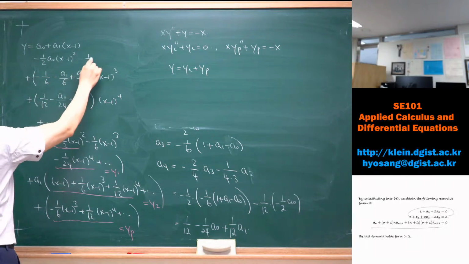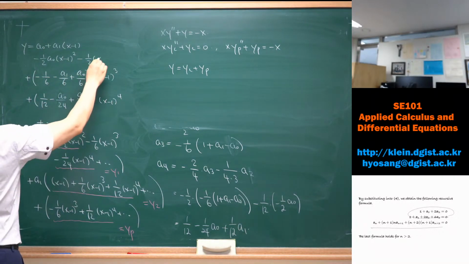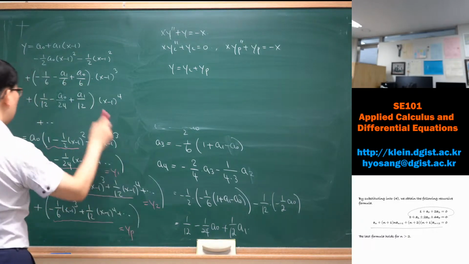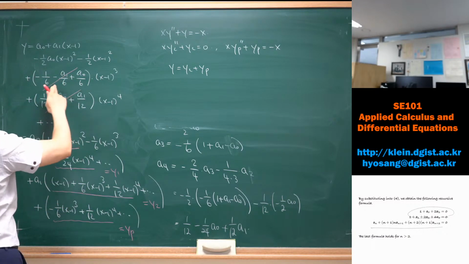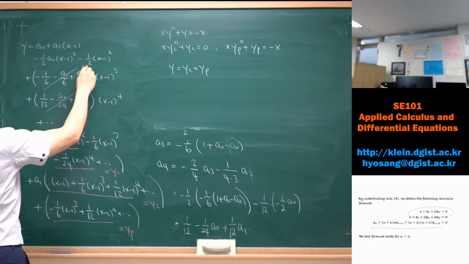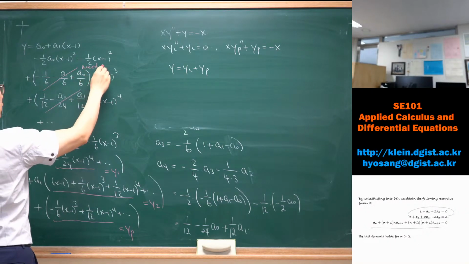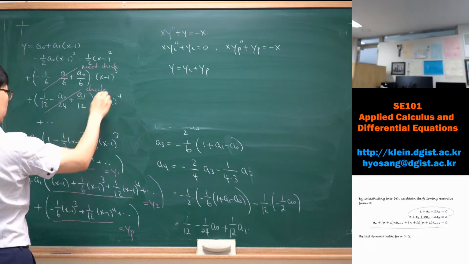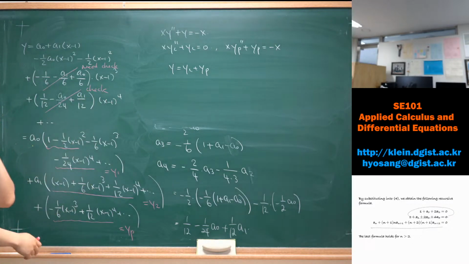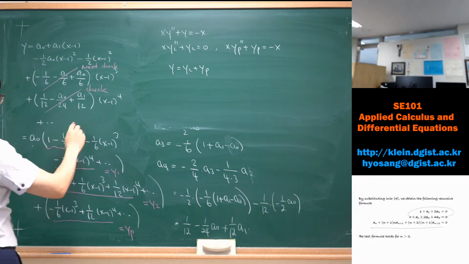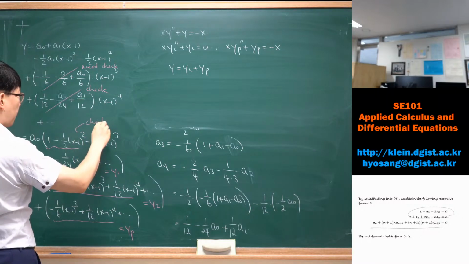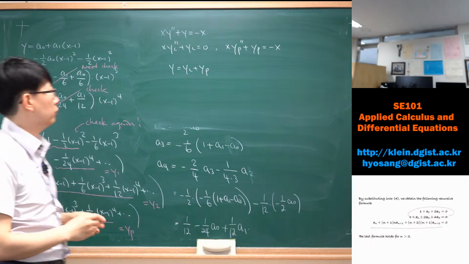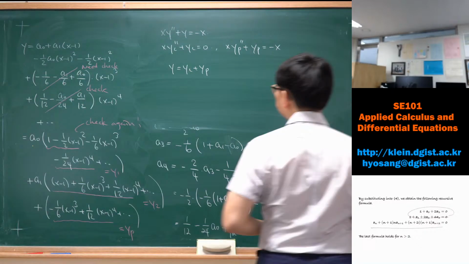So I have to replace this as minus 1 over 2 x minus 1 square. Well, you know what I'm saying, so we need to check. So check every coefficient here. Check everything again.